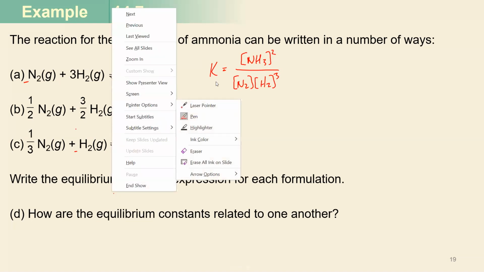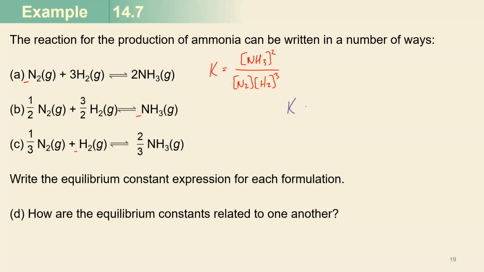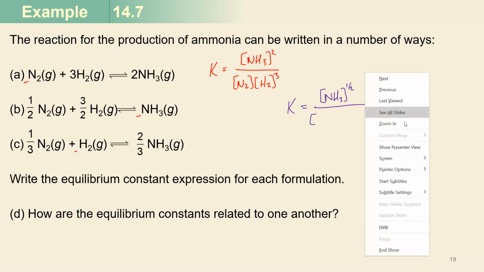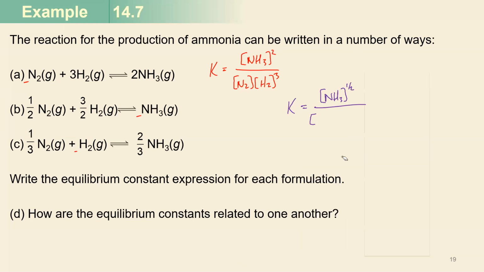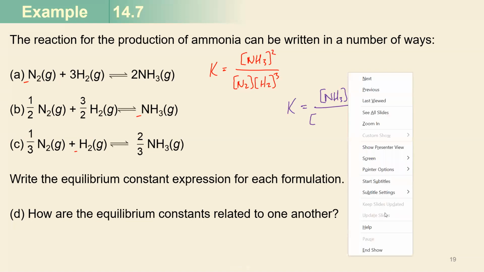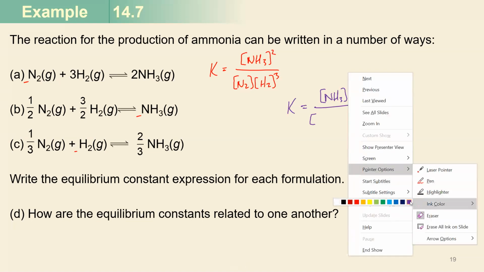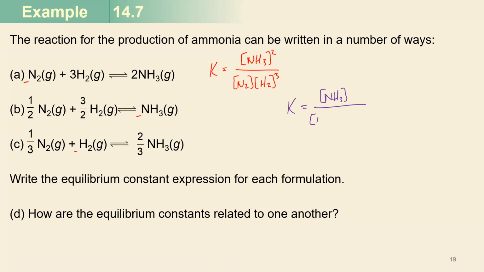Let me change colors for B. K for B is equal to the concentration of NH3 to the 1st power divided by the concentration of N2 to the half times the concentration of H2 to the 3 halves.